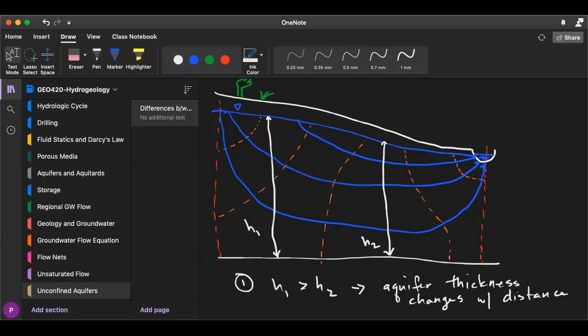So our aquifer thickness changes with distance anytime we have flow in an unconfined aquifer. Any change in head in an unconfined aquifer will result in a change in thickness of the aquifer. So that's big change number one.